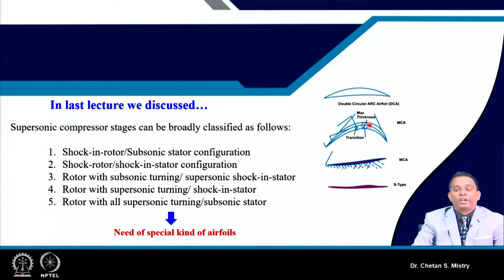Most of the flexibility is because of the presence of maximum thickness. For double circular arc, this maximum thickness is placed at say 50% chord, and for multiple circular arc we have the flexibility to move this forward or backward, towards the leading edge or towards the trailing edge, and that will help us in managing the flow.